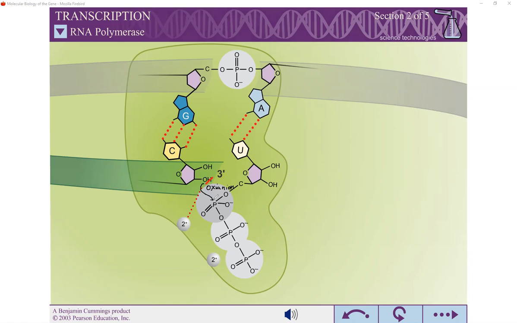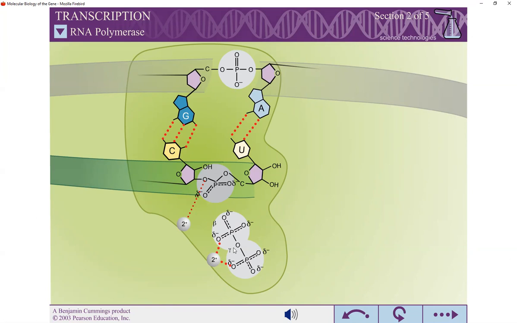Now, please do have a look at how it is going to attack. RNA polymerase always adds nucleotides to the 3' end of a growing polynucleotide. See this. The alpha phosphate has been removed, the alpha phosphate has been joined, and the new nucleotide has been incorporated.